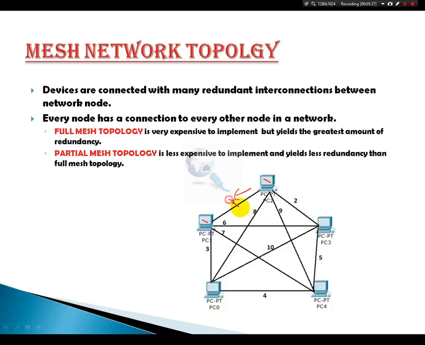But let's say if this cable gets damaged, this computer will still be able to communicate with this computer, and it will find the next best path, let's say this one, to communicate with this computer. So that is the reason why mesh network topology is used in wide area networks, WAN, because of redundancy.